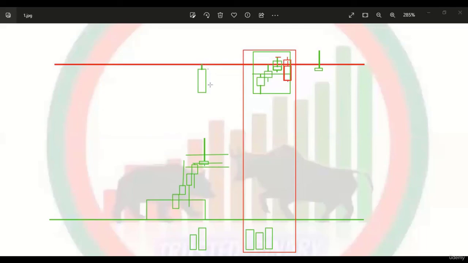So we have to take the total situation, this situation, as a strong situation by the buyer side. So we can expect next candle up, but where? When the market is at the early stage.